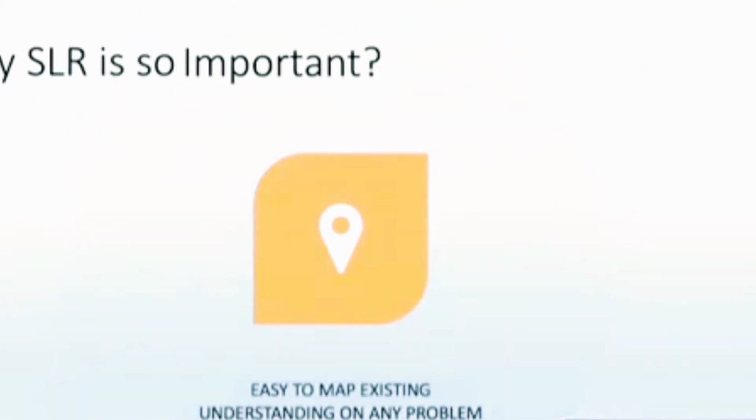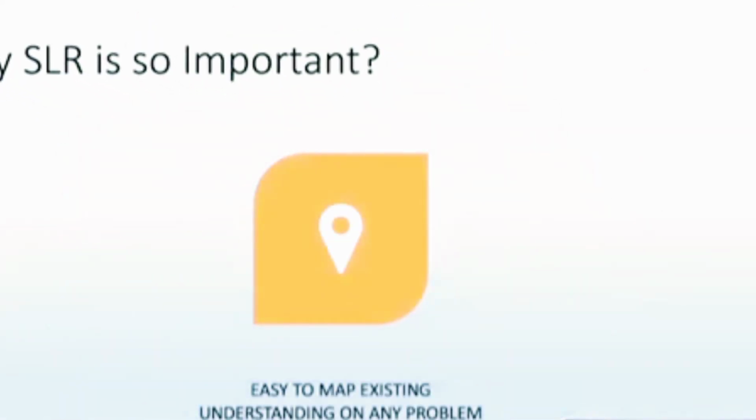So let's see, there are 5 major reasons why we start with the systematic literature review. Basically it is used to map the existing knowledge. Initially it started from medical sciences, where we want to see the treatments of a particular disease and the consistency of the treatments within different countries, how they treat it and what the results are, and then they can find the optimum solution or cure for any form of disease.